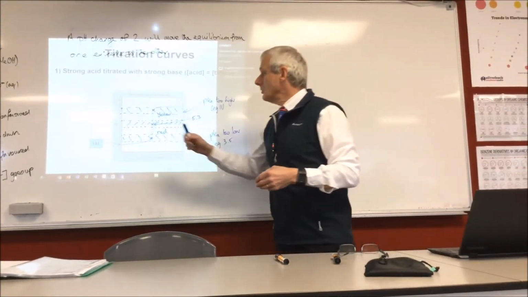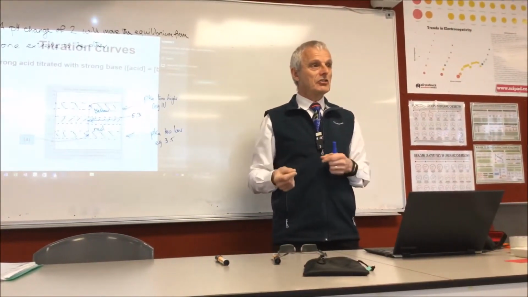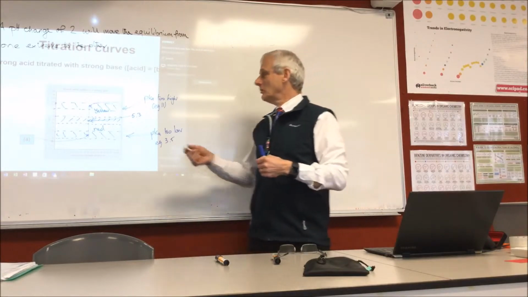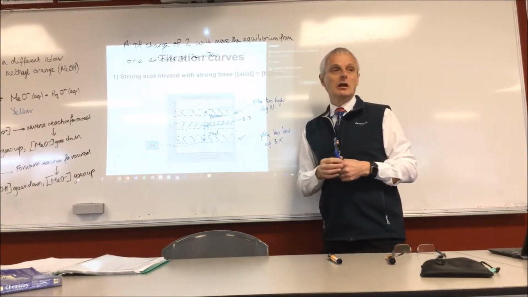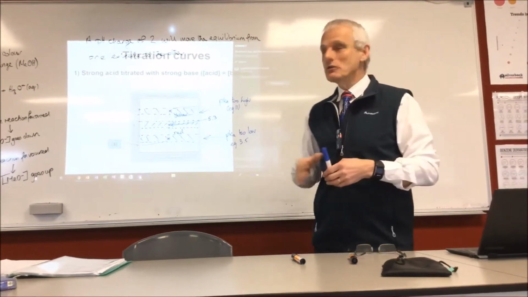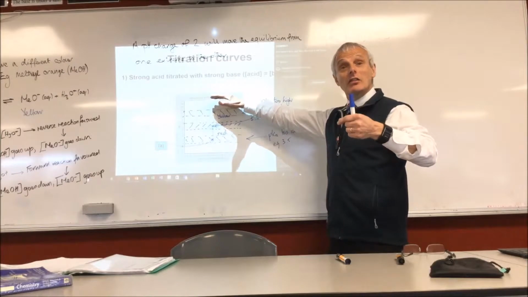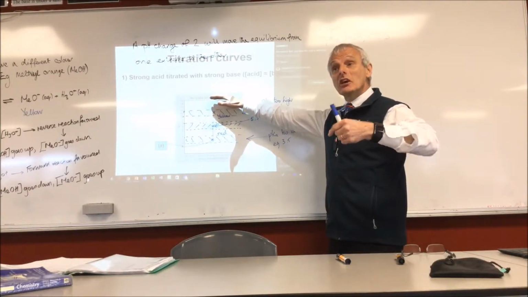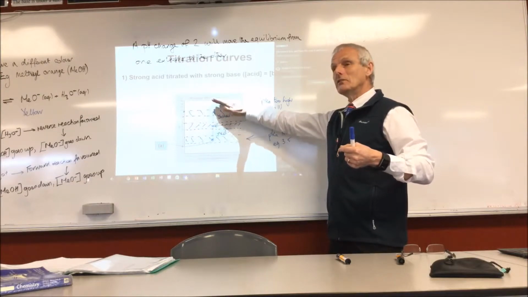So what you'll find is phenolphthalein, for example, is great for strong acid, strong base, because its pKa sits right in the middle of that curve. If you use that with a weak acid, however, where you've got a higher value because it's forming a conjugate base, then what you'll find is it changes colour too early, because it's changed colour down here, and in fact you want it up here somewhere.